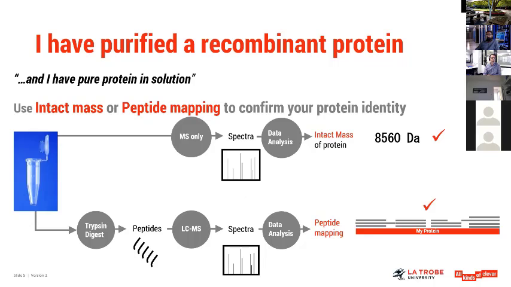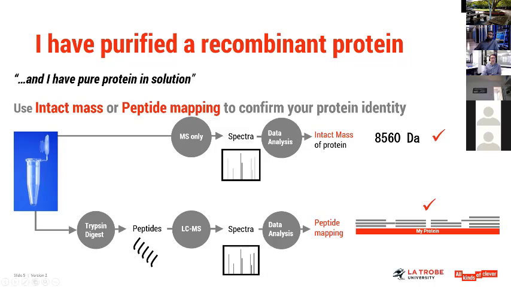So here's a little workflow. You would have heard me mention whether you have a protein as a gel band or in solution. That really restricts what techniques we can use. If you have pure protein in solution, you have two options. You could take this top path to get an intact mass, a nice accurate mass for your protein to confirm its identity.